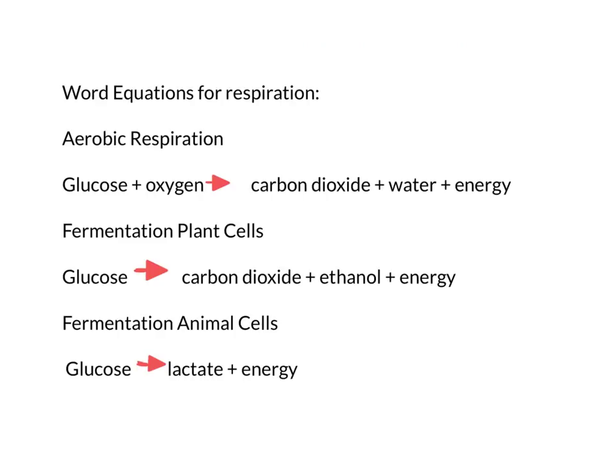Here on the last slide, we've got all the word equations that are involved in respiration. So first of all, aerobic respiration, involving the breakdown of glucose in the presence of oxygen to carbon dioxide, water and energy. And remember, there's large numbers of ATP produced in aerobic respiration.